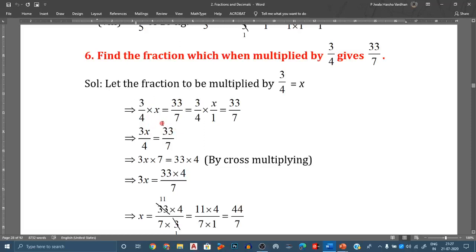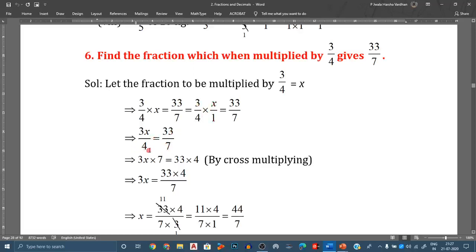So now I am taking it as 3 by 4 into x by 1 is equal to 33 by 7. Now I am multiplying these two fractions: 3 into x, 3x, 4 1s are 4, is equal to 33 by 7.